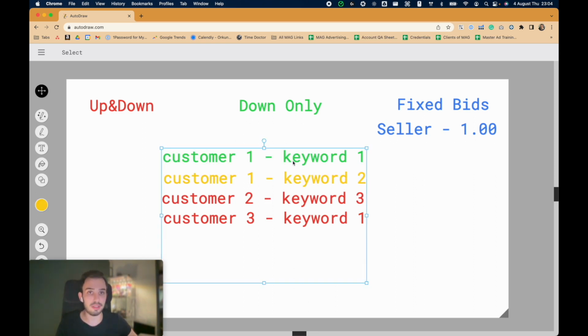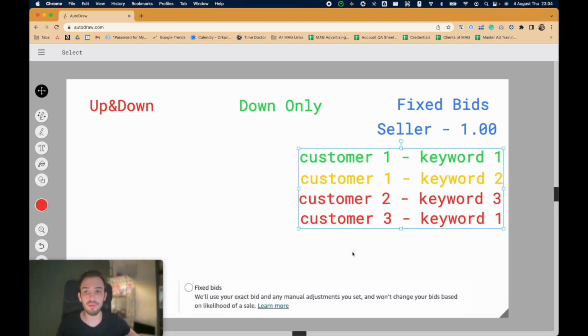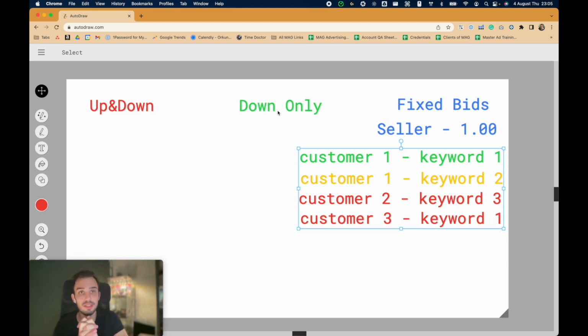But with fixed bids, it doesn't really matter how the conversion will look for the Amazon algorithm. Amazon will put you in way more auctions than ever, when you compare with down only. So when you switch from down only to fixed bids, what we usually see is that the impressions increase, and this doesn't necessarily mean that the sales will also increase, just because now the algorithm is not choosing for us.